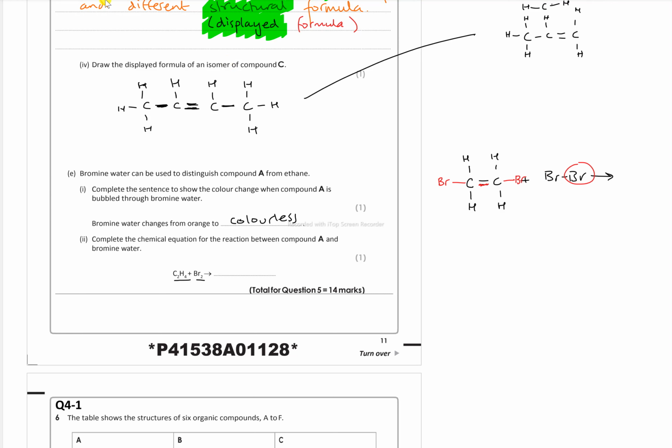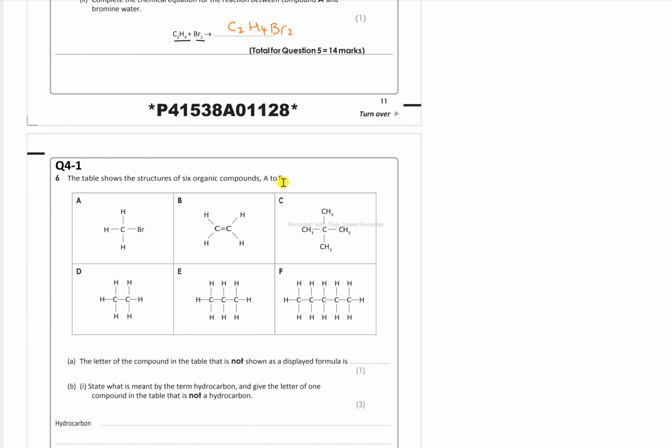So bear this in mind. That's what's happened. You've added them. It's an addition reaction. Okay, so we need to now write the formula. We've still got 2 carbons, still got 4 hydrogens, but this time we've got 2 bromines. It'll be 1,2-dibromoethane, but they've not asked us for that.